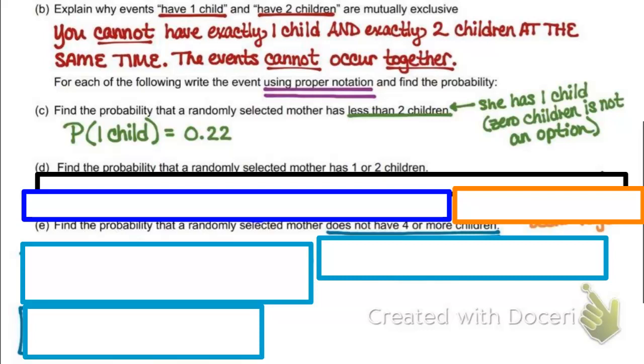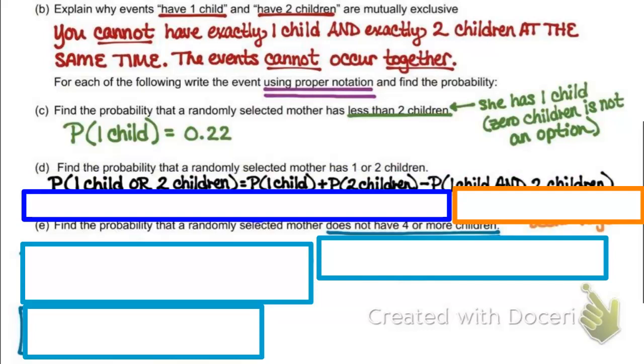What's the probability that a randomly selected mother has 1 or 2 children? 63. So let's talk about how to write our notation and then how to calculate that. So the probability of 1 child or 2 children. We are going to use our general addition rule.